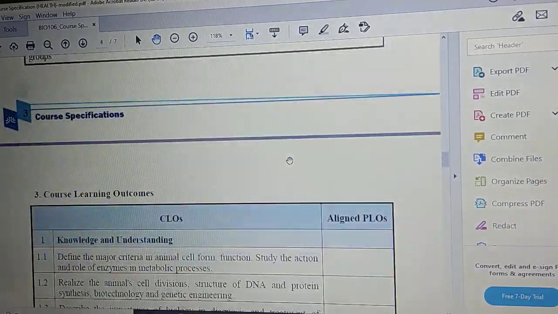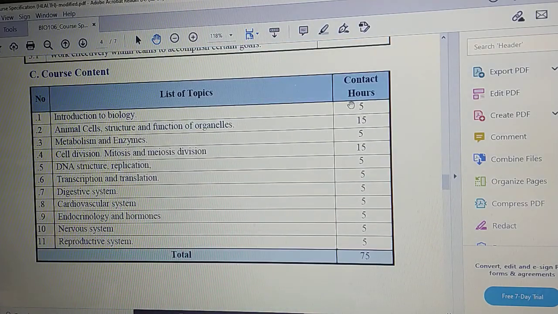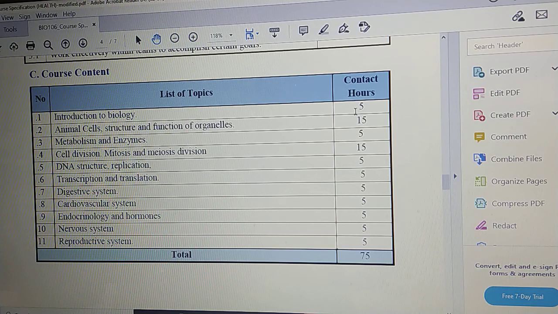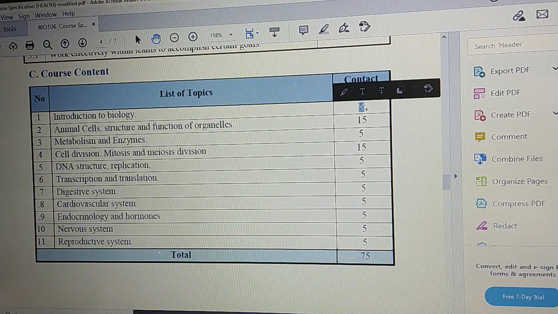In the course specification, I can know the contact teaching hours for each topic. For example, the first chapter, Introduction to Biology, the contact teaching hours is 5 hours per week.